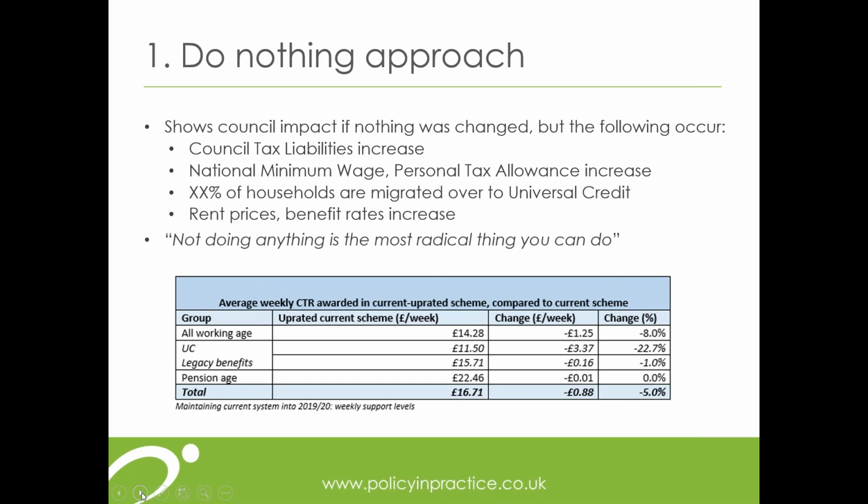So if you look below, we have a table from Barnet's reports, which show that actually if they were to retain their scheme into the coming year, we would see an 8% decrease in support to all working age households. And actually, if you look to those in receipt of universal credit, they would be seeing a 22.7% reduction.